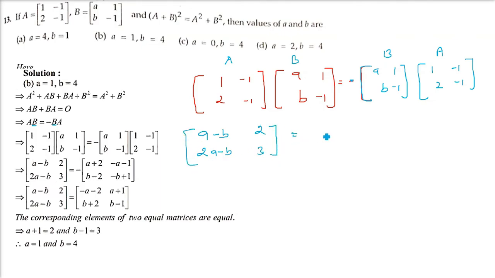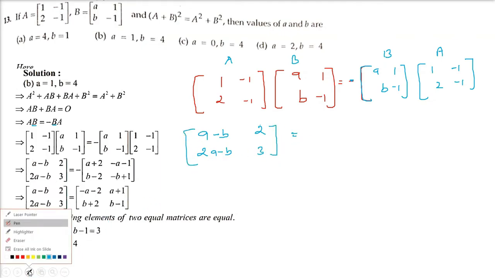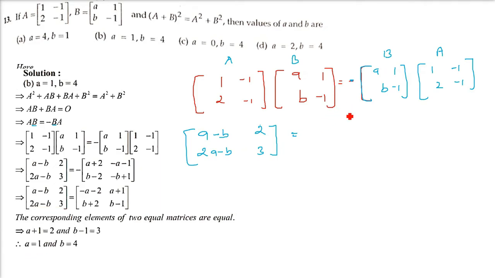Right hand side will be what? We'll do the negative later. First let us multiply: A into 1, A into 2, A plus 2. Then A into minus 1, that is minus A. And minus 1 into 1 is minus 1. So here B into 1 is B, minus 1 into 2 is minus 2.